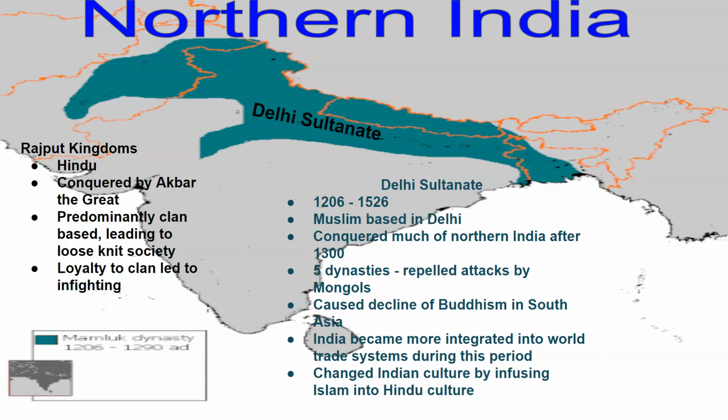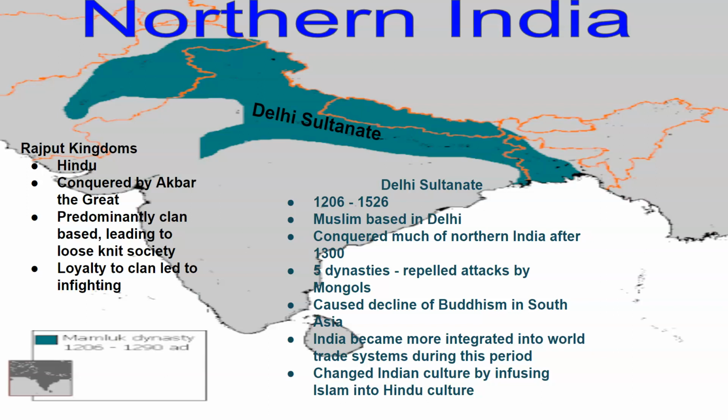Around 1200, the first of the Muslim-based empires comes into being. This is the Delhi Sultanate, and it really lasts for a little over 300 years. They conquered much of northern India after 1300. It's a series of 5 dynasties that even were able to repel the attacks of the Mongols, and their sponsorship of Islam leads to a decline of Buddhism in South Asia, because Islam becomes a more attractive alternative.